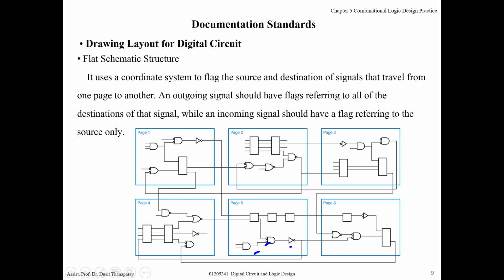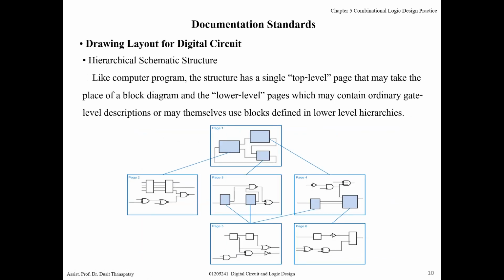This kind of structure is called flat. It's something like a map, going from this page to this page, something like this. It's called a flat schematic structure. Another one is the hierarchical schematic structure.